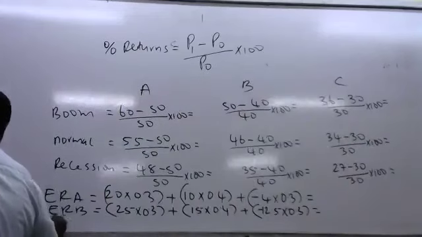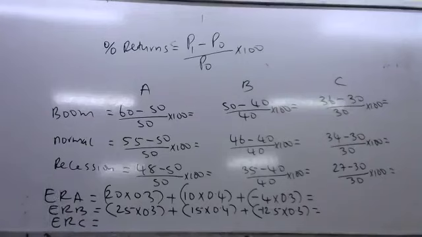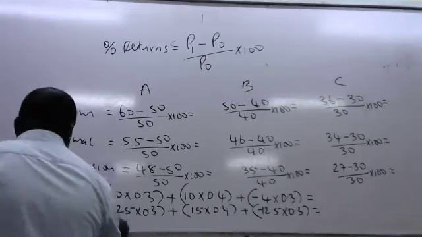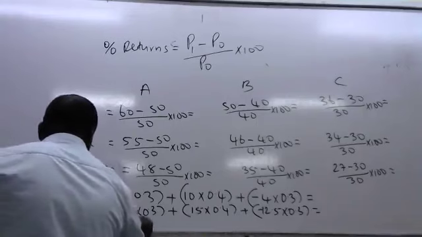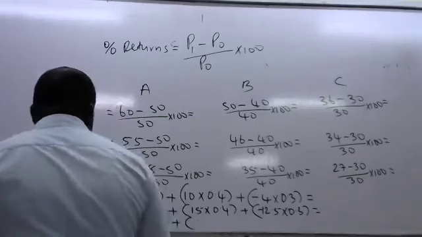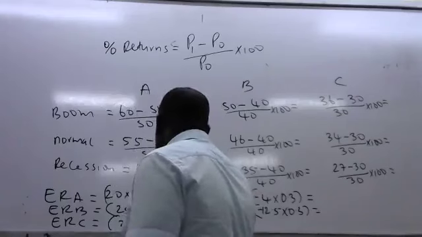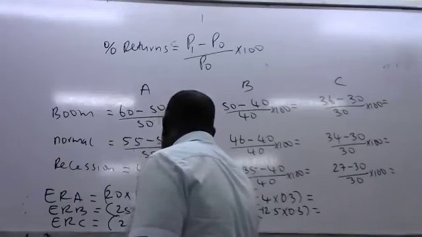Then it's also expected return for C. We should also calculate the expected return for C. So C, you got which percent under boom? So 20 times 0.3. Then the next one, how much? 13.3.